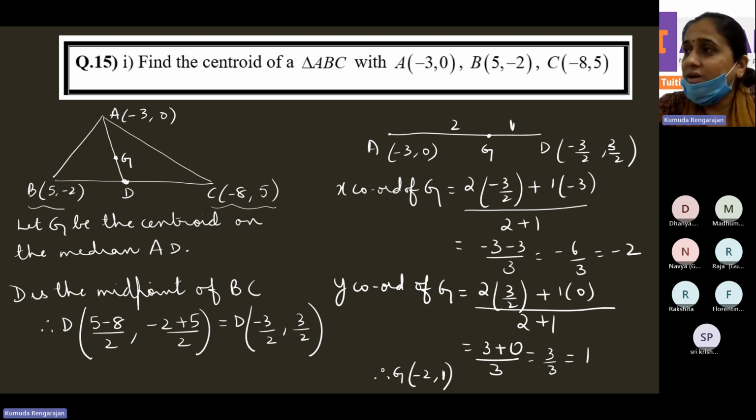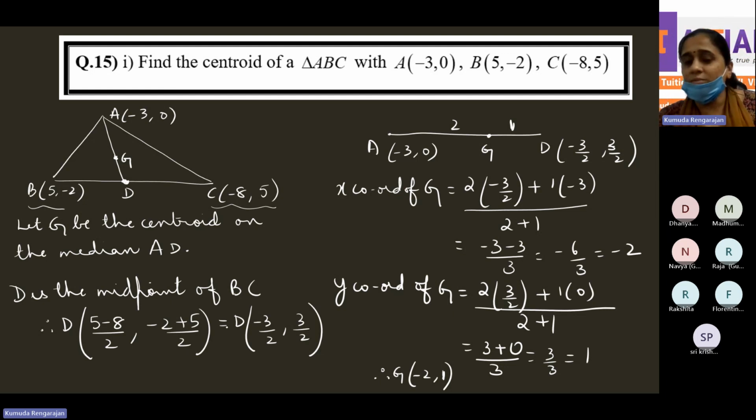To find the y coordinate of G, it is m y2 plus n y1 by m plus n. When you're finding the y coordinate, you'll use y1, y2. When you're finding the x coordinate, you'll use x1, x2. So the coordinates of G are (-2, 1).